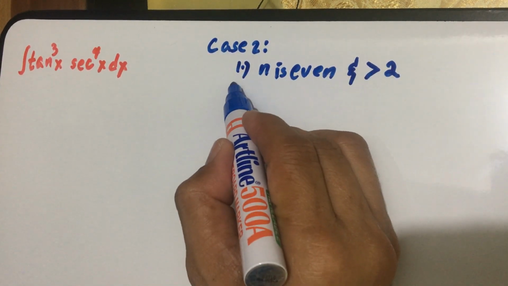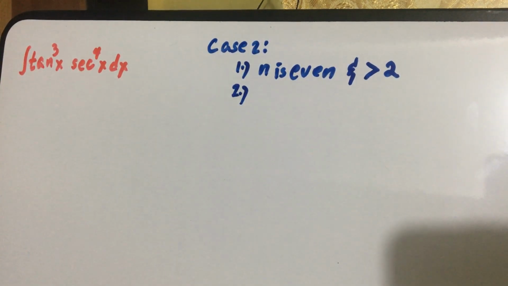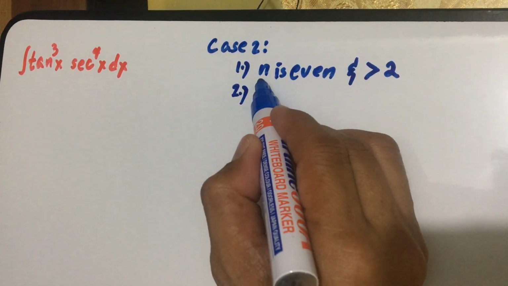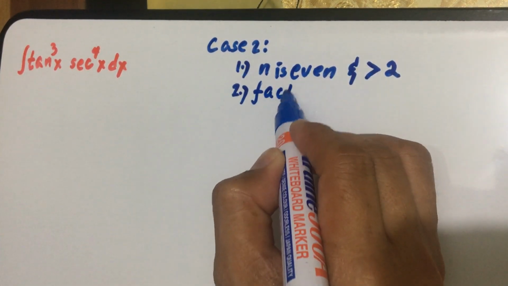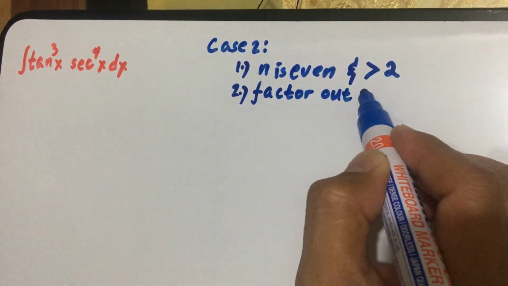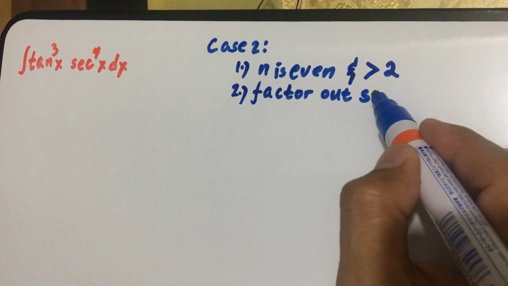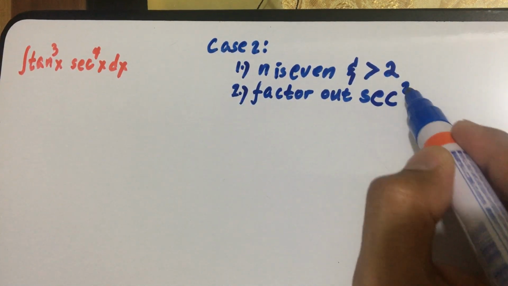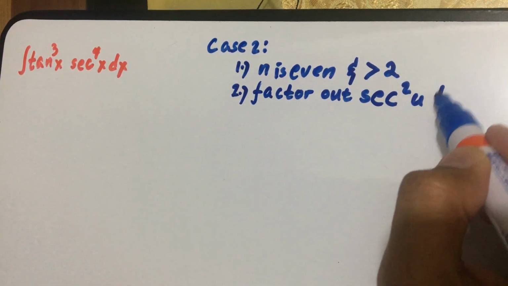If that is the case, then we have to factor out secant squared u du.